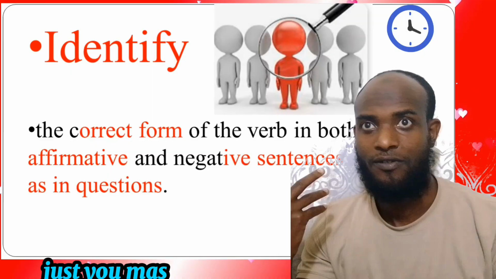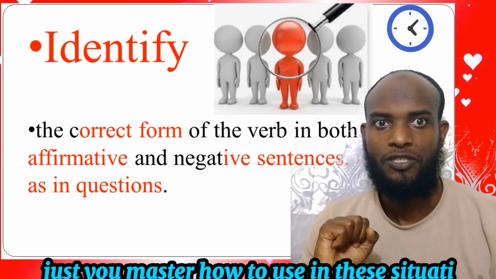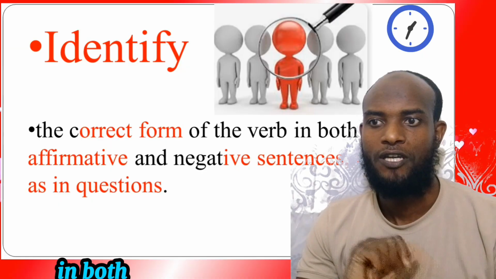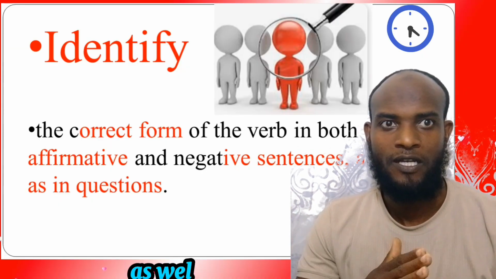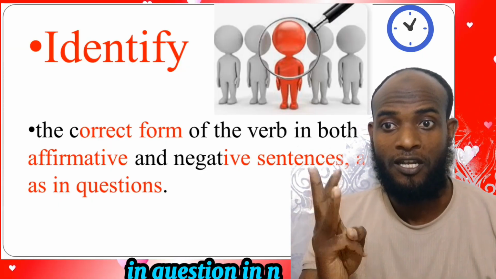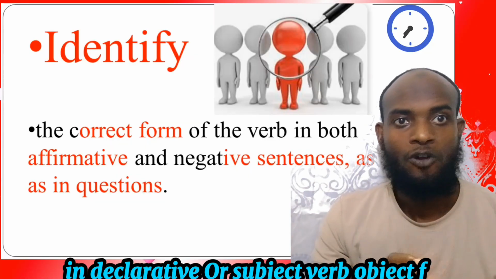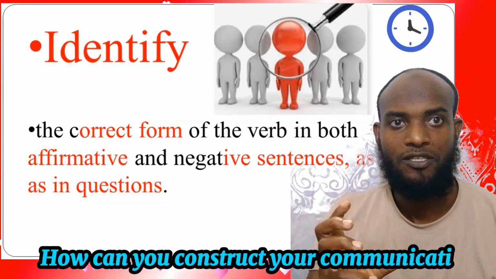You will master how to use it in those situations, and you will identify the correct form of the verb in both affirmative and negative sentences, as well as in questions, in declarative, subject-verb-object form. How can you construct your communications?